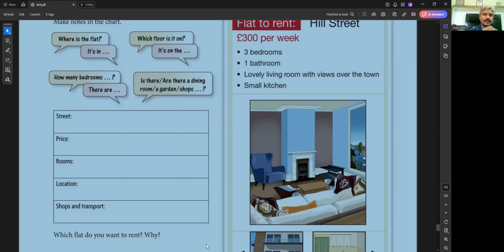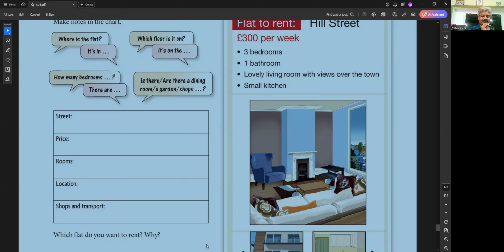Tape script 4.5. The flat's near the centre of town. It has 4 bedrooms, a lovely living room with views over the town, and 2 bathrooms. The kitchen is very big, and there's a dining room next to it.